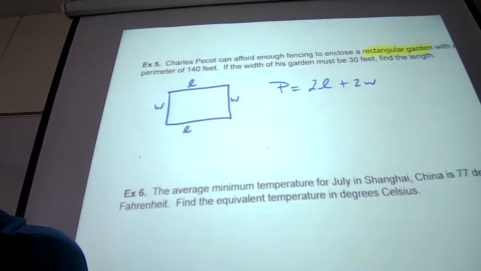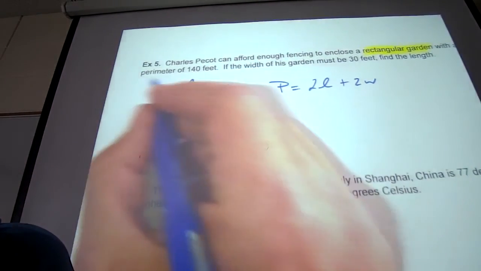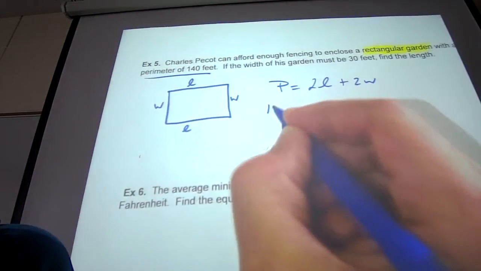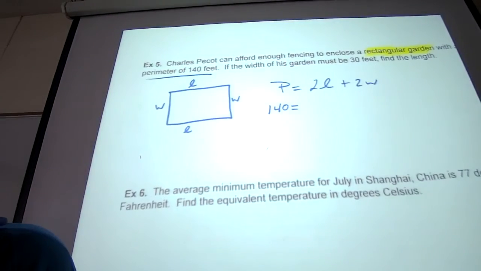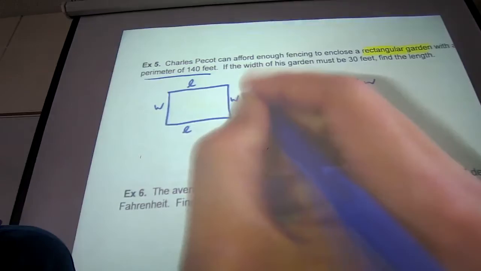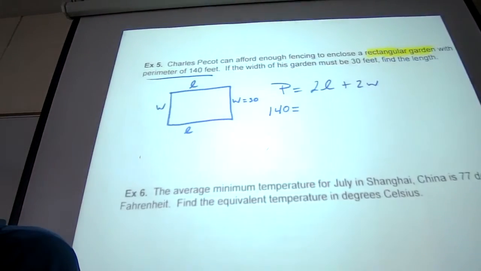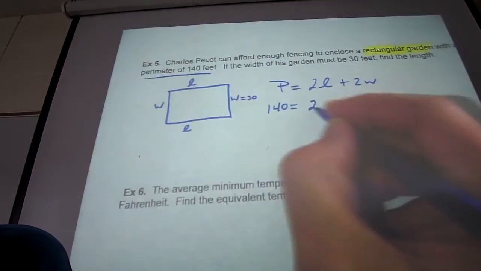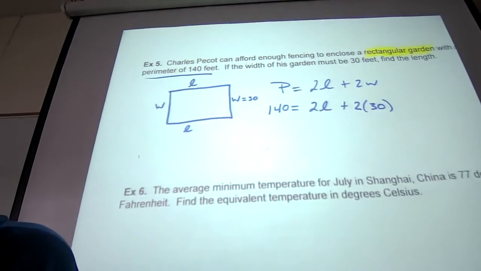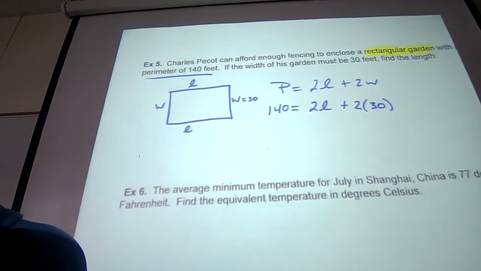Well, they told us our perimeter was 140 feet. So we know P is 140. And they told us the width of the garden must be 30 feet. So this guy here has to be 30. So we can plug that in. So far, so good?